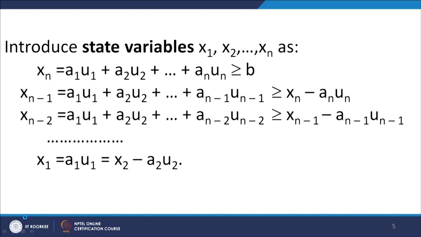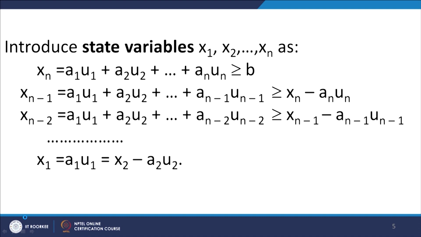So let us introduce new variables x1, x2, up to xn, which we will call the state variables. First of all, we will define xn, which is equal to a1 u1 plus a2 u2 plus up to an un, and according to the given problem, this quantity should be greater than or equal to b.